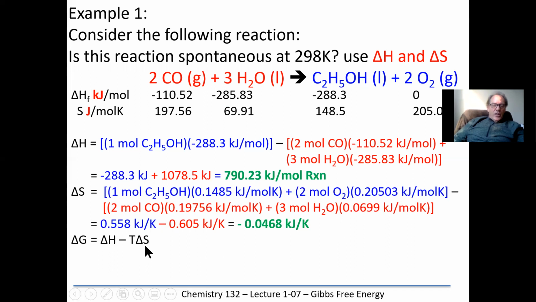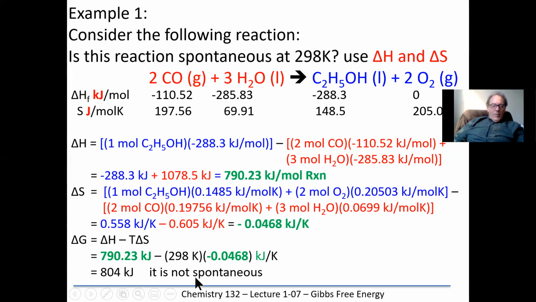So there's delta G equals delta H minus T delta S. We substitute the delta H value. The temperature was at 298. The delta S value, and we get 804 kilojoules. We still see, since delta G is positive, that this chemical reaction is not spontaneous at 298 Kelvin.